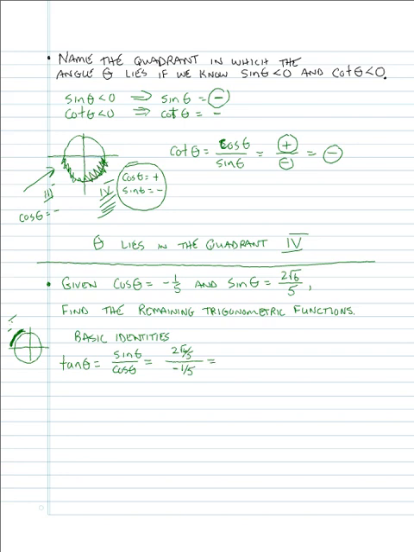And so that becomes 2 times the square root of 6 over 5 times the reciprocal of negative 1 over 5, which is negative 5 over 1. And we get a nice reduction here and get a result of negative 2 times the square root of 6.